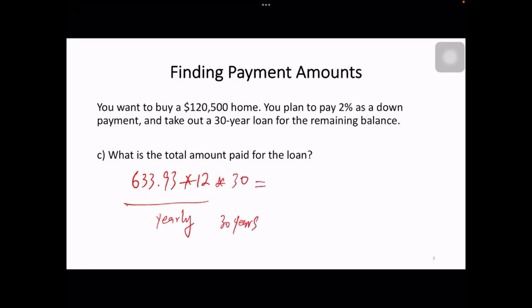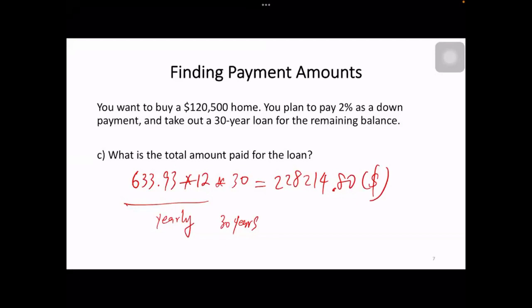You guys can use a calculator to do $633.93 times 12 times 30. And then I get $228,214.80. Yes, Vulture got exactly the same result as mine. Good job.